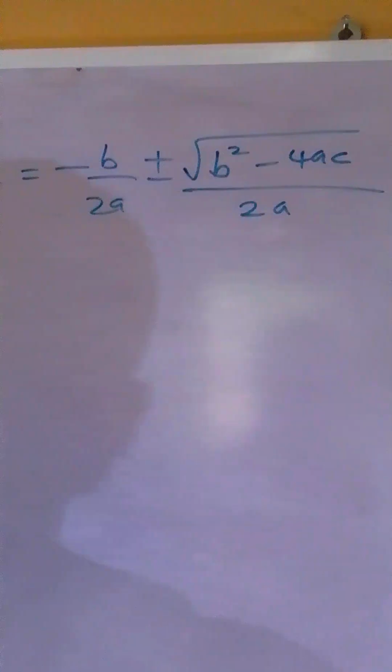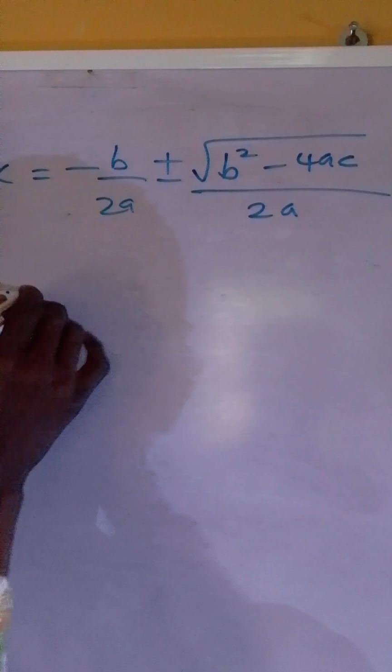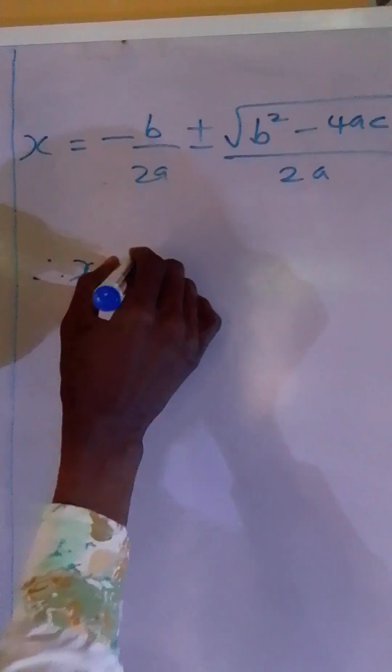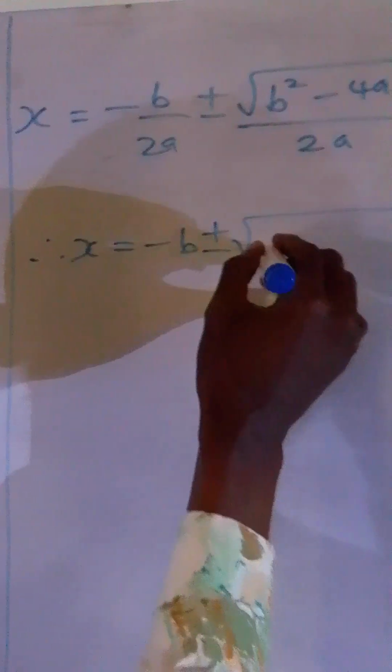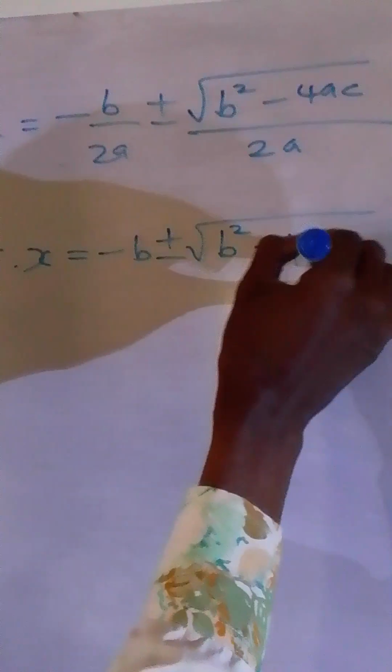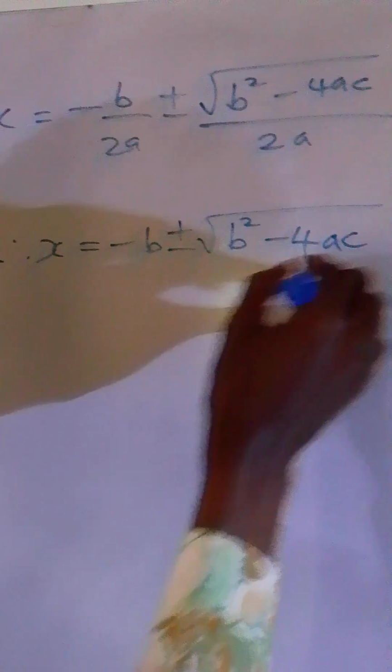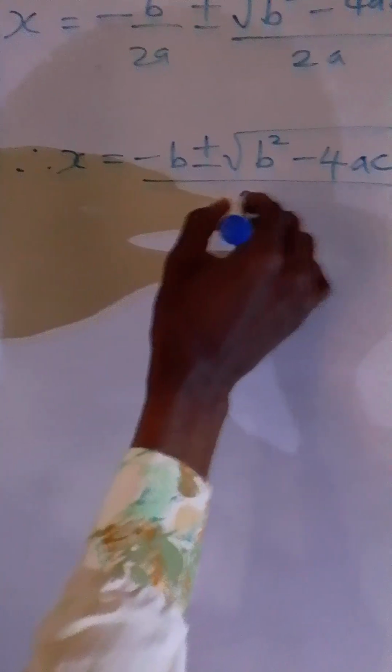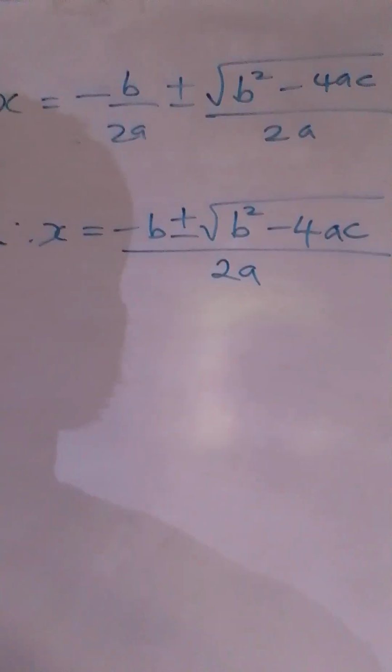Now we have a common denominator, so we go ahead to evaluate the numerator. Therefore x is equal to minus b plus or minus square root b squared minus 4ac over, since you have a common denominator, just take 1 over 2a.